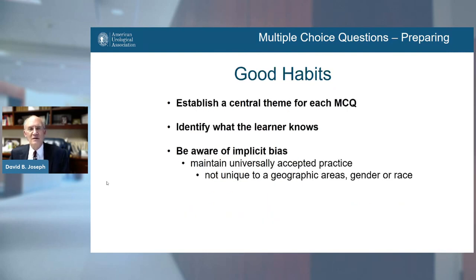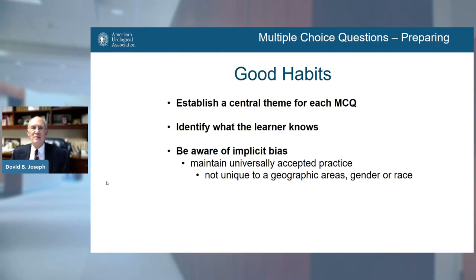So continuing with good habits, you want to establish then a central theme for each question once you determine what its intent is. And that theme should be based on what the learner knows, not what they don't. And you're going to see an example of that a little bit later. It also becomes very important to avoid implicit bias. And by what I mean there is that all of you have particular ways that you may manage and treat a patient.